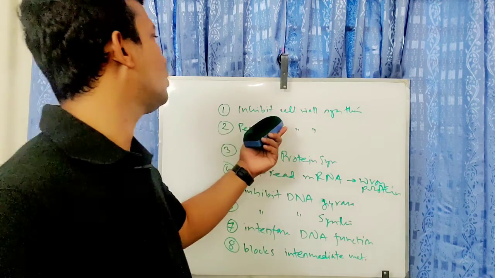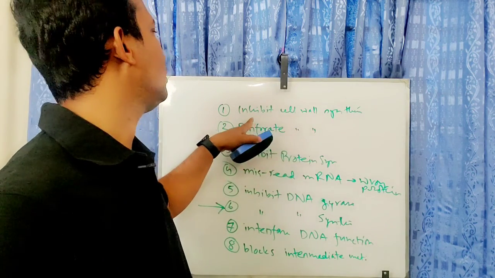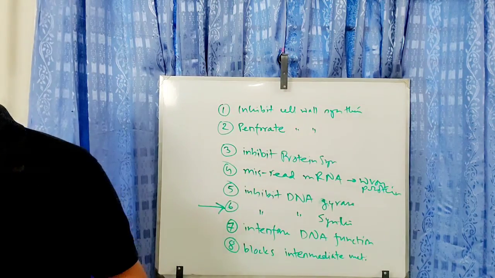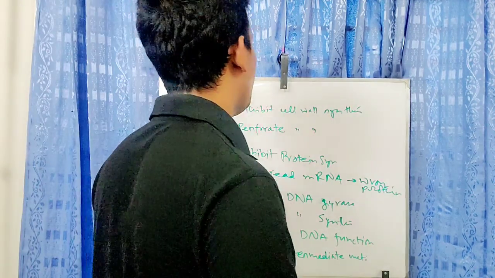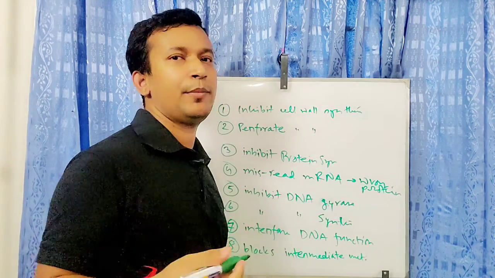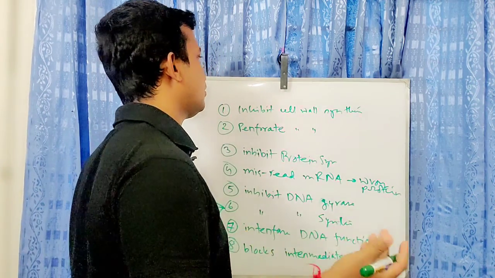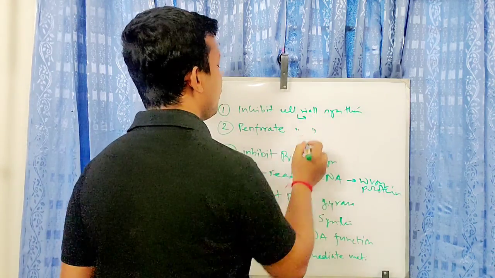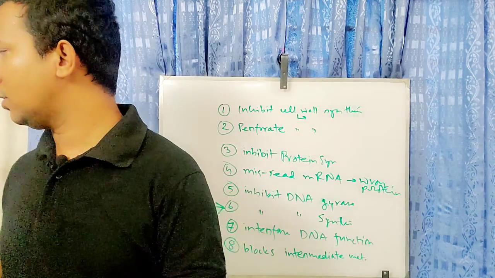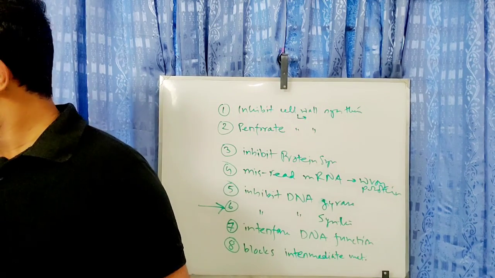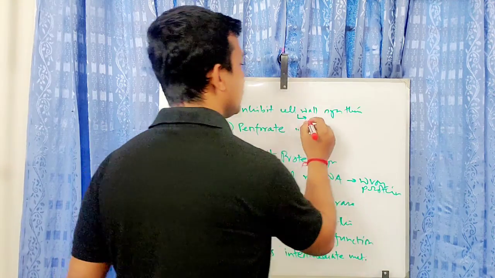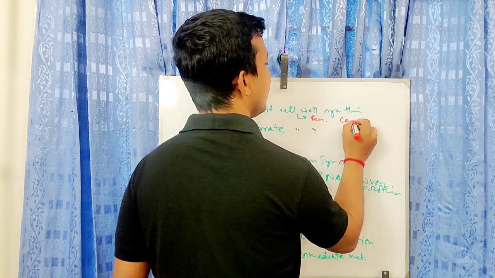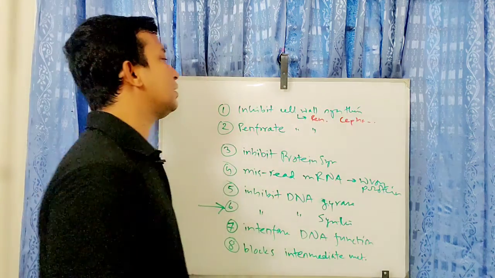So if we talk about the antibiotics that inhibit the cell wall synthesis, who are they? Obviously we know from our reading, from our knowledge of pharmacy, cephalosporins and penicillins can block the cell wall synthesis.